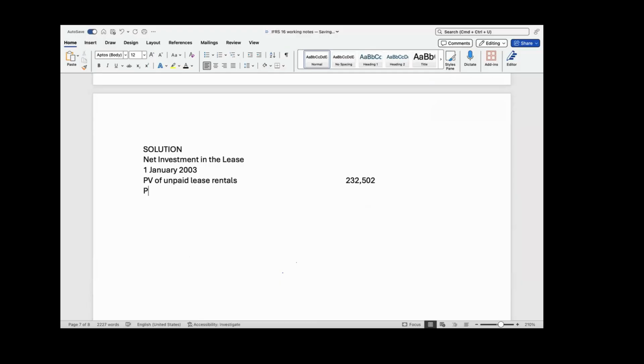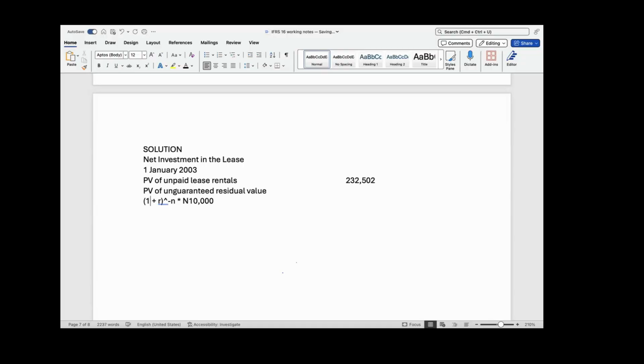232,502. Then you would add the PV of unguaranteed residual value, which is 1 plus R raised to power minus N multiplied by the unguaranteed amount of 10,000.